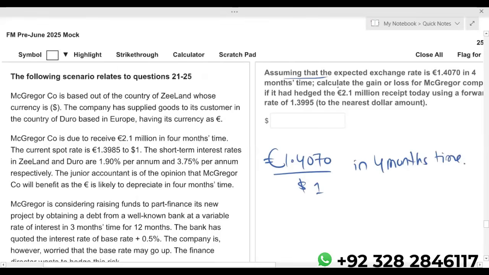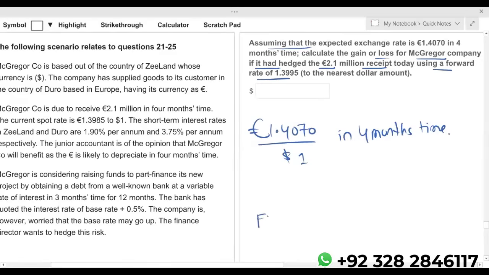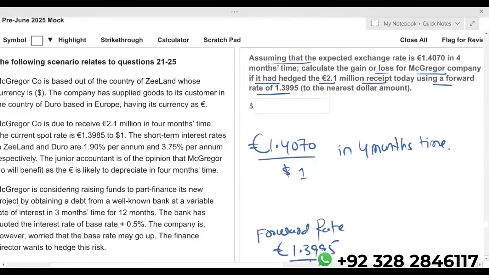Calculate the gain or loss for McGeorge company if it had hedged the receipt of 2.1 million today using the forward rate of euro 1.3995. Actually, we need to check whether due to hedging there's a gain or loss.